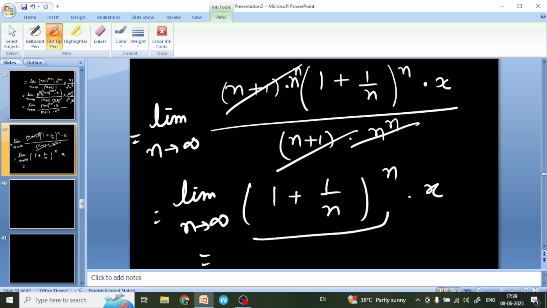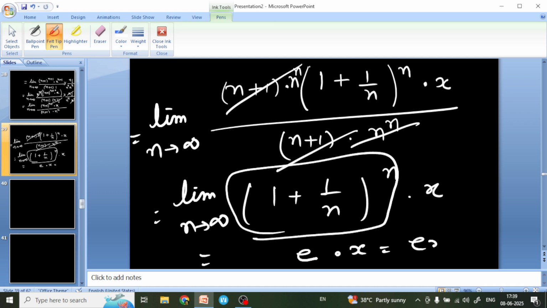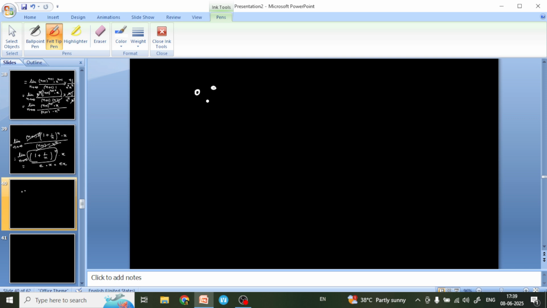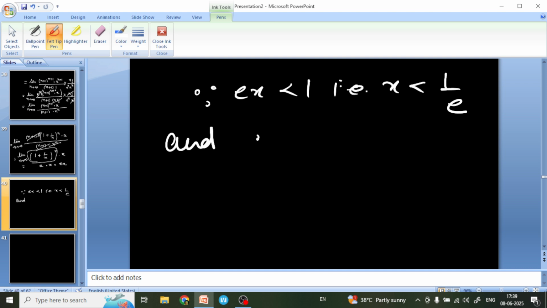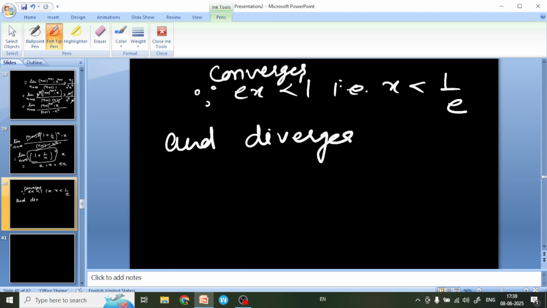You can see this expression is equal to e, so e into x, that is equal to ex, and hence by ratio test the given series converges, because ex is less than 1, that is x is less than 1 by e, and diverges if ex is greater than 1, x is greater than 1 by e.